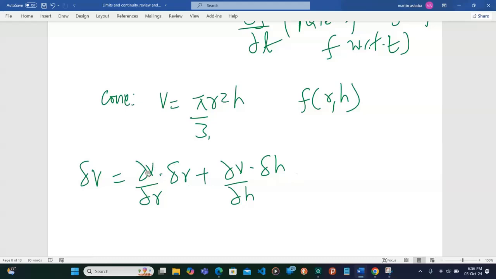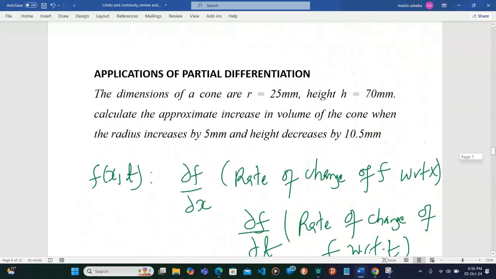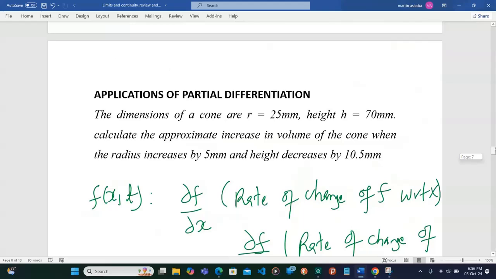Then del V del r times the change in r gives the change in volume when there is a change in radius. Having understood that, we move ahead and look at what we have.